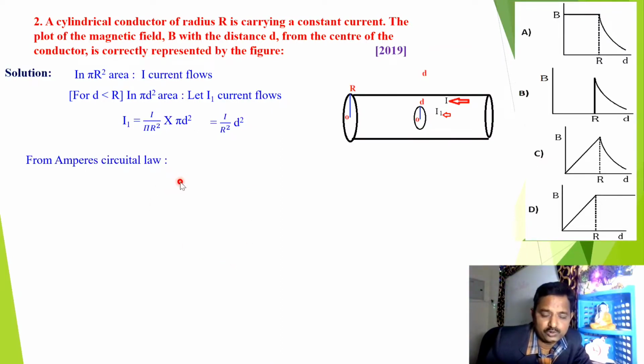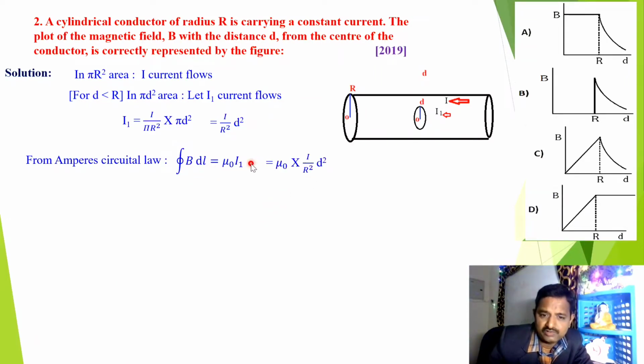From Ampere circuital law, line integral B dl is equal to mu naught I1. For this point d, which is inside the cylinder, I am considering a circular loop. For that loop I am applying Ampere circuital law, that is line integral of B dl is equal to mu naught I1.